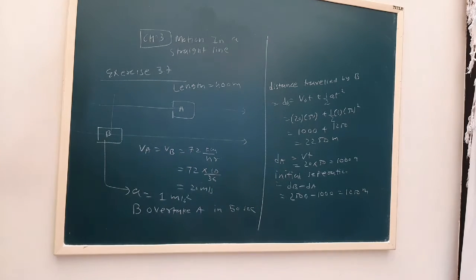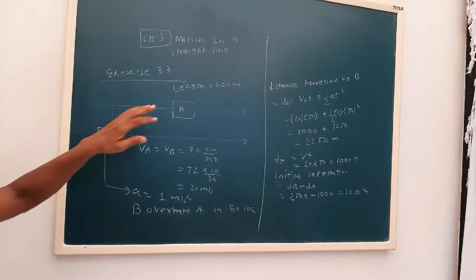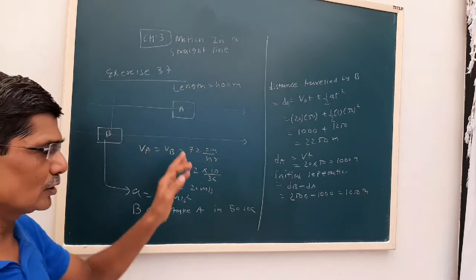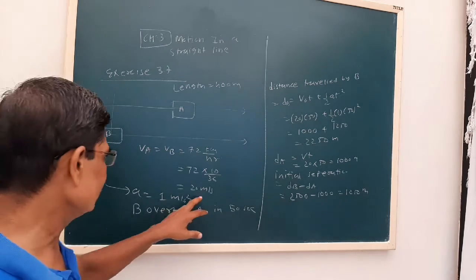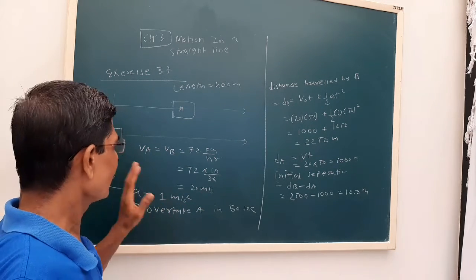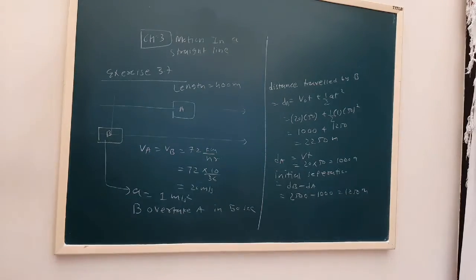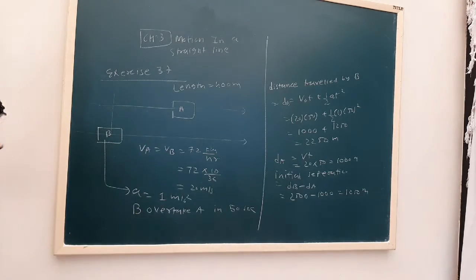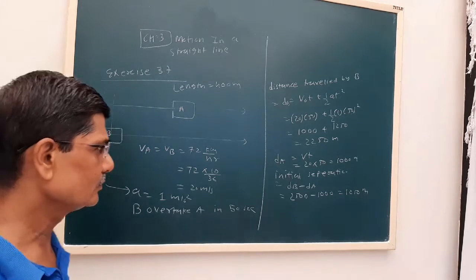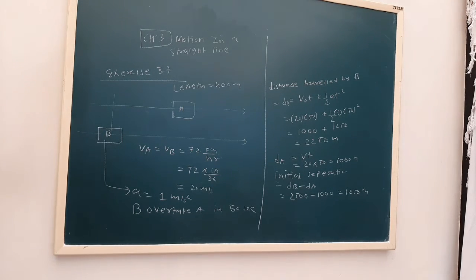Now let us see again. A and B have a length of 400 meter. Both move with the same velocity of 72 km per hour, that we have converted into meter per second. B decides to overtake A, moves with an acceleration of 1 meter per second square, and overtakes in 50 seconds. What we have to find out is the initial separation.